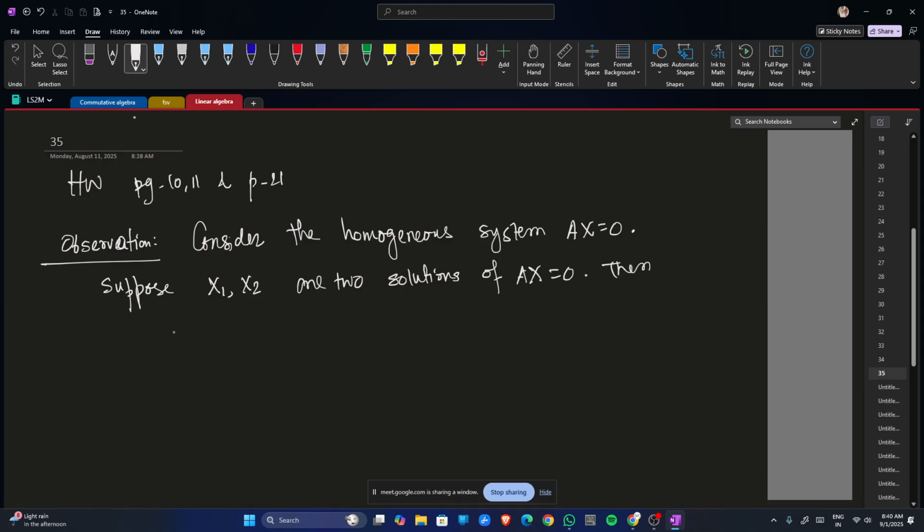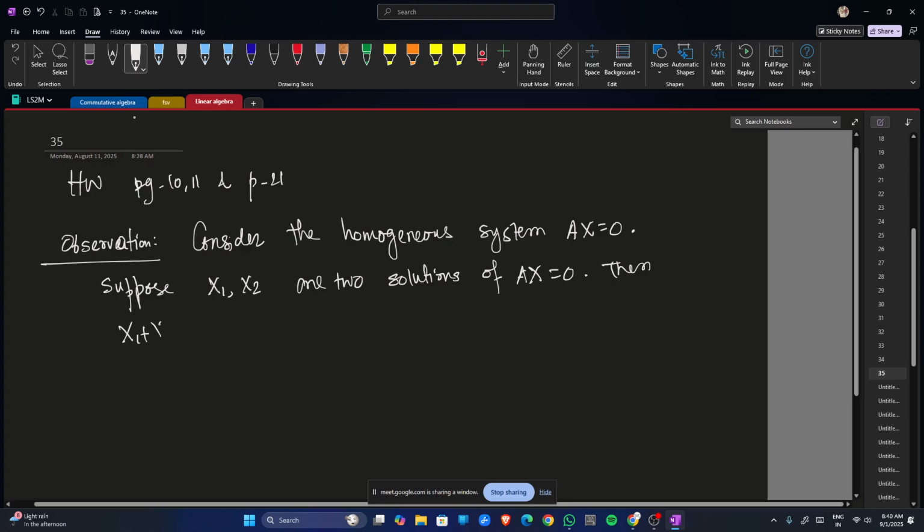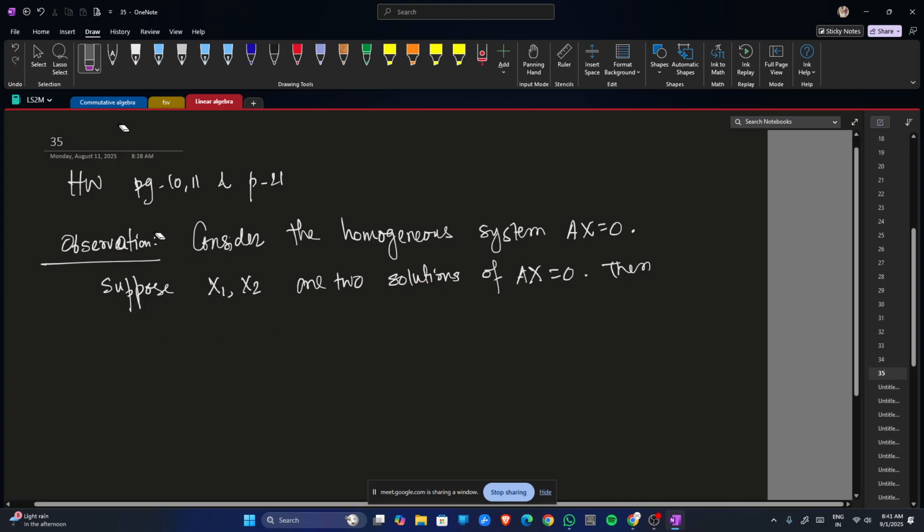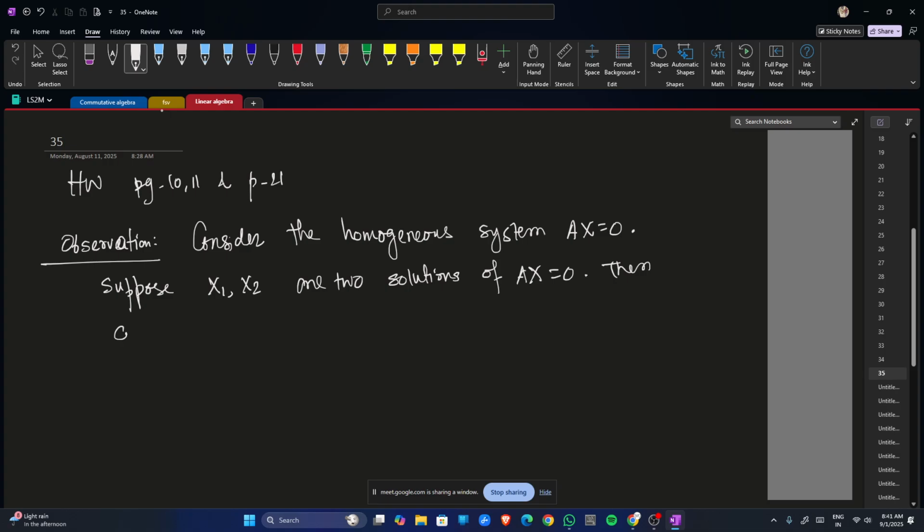Then x1 plus x2 and c times x1 plus x2 is also a solution for Ax equal to 0.